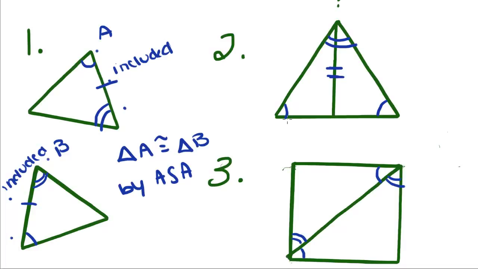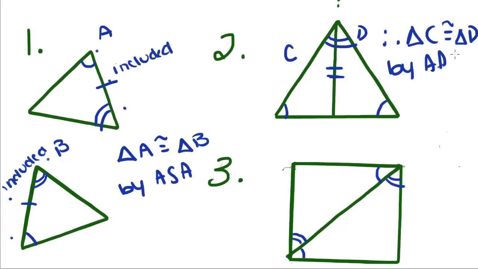So we have an angle, a non-included side, and another angle congruent to an angle, a non-included side, and another angle. So therefore, we'll call this C and this is D. Triangle C is congruent to triangle D by angle, angle, side.